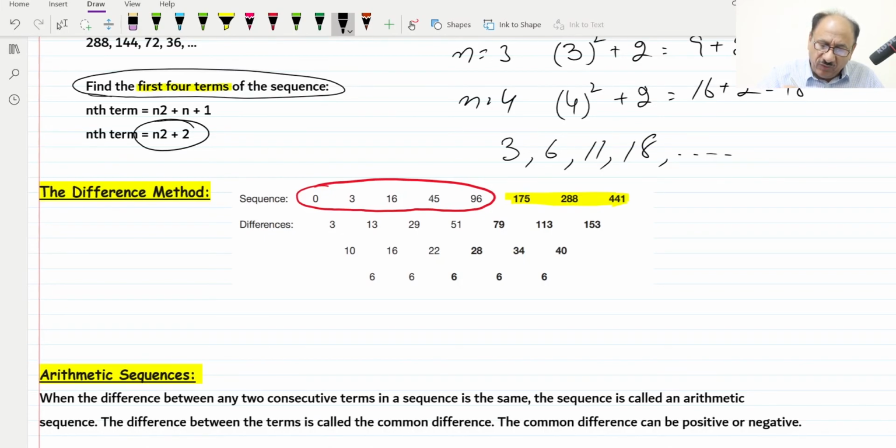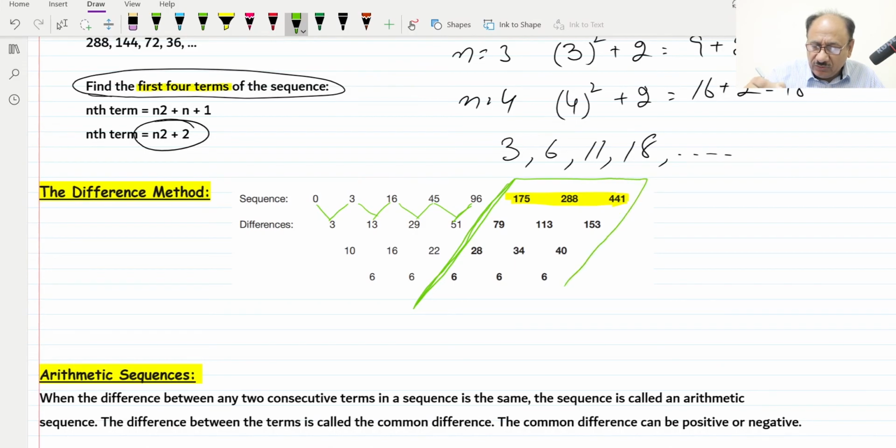So how we will be finding, we will be checking the difference of, for example, difference of these two terms will be 3 minus 0 and 16 minus 3, 45 minus 16, and we have written this much difference because this is the given portion. So I make a line over here. So this is the unknown portion which we are finding.